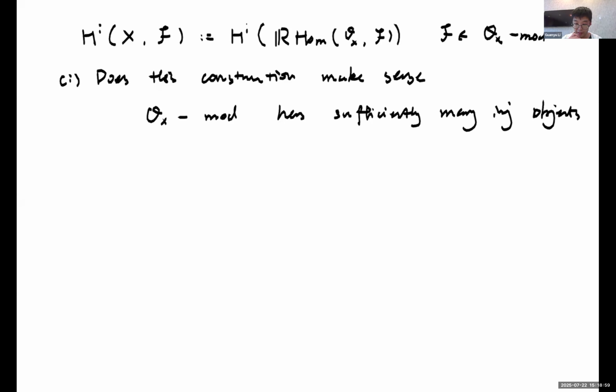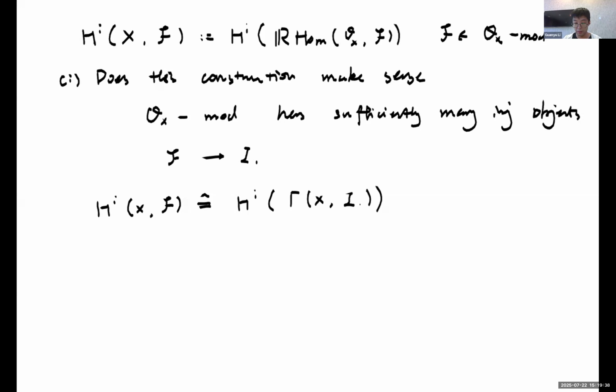So for any F, it has an injective resolution, and H^i of X with coefficient F can be computed as the cohomology of the global sections functor applied onto the injective resolution.